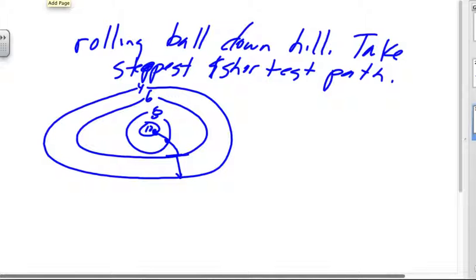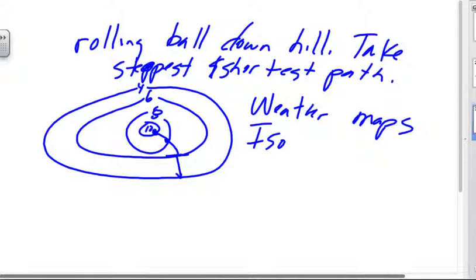You'll also see this if you look at weather maps. And they have isobars, which are lines of equal pressure.